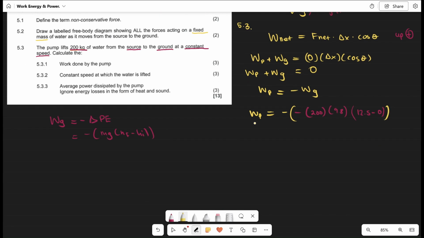So after that, we now have our work done by the pump. Let's try to type that into the calculator and see. So this is 200 times 9.8 times 12.5, right?